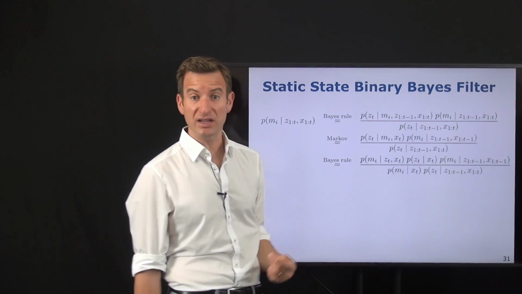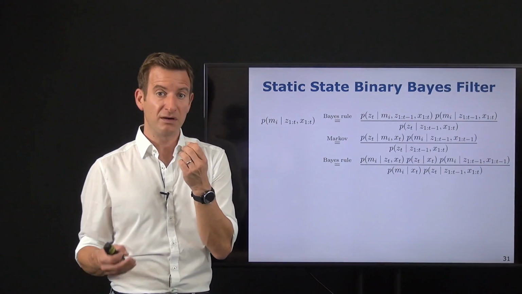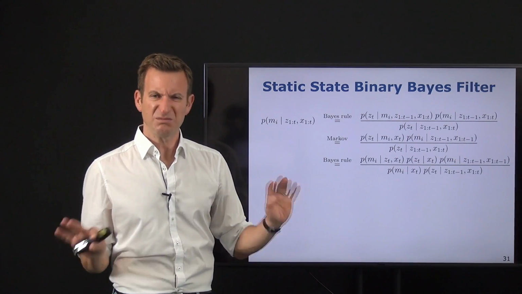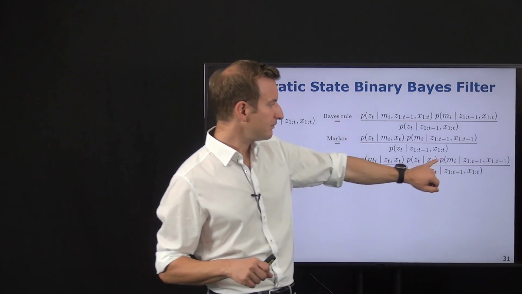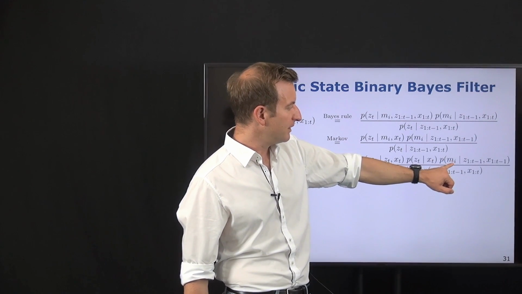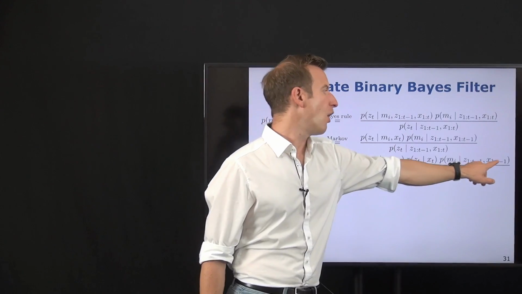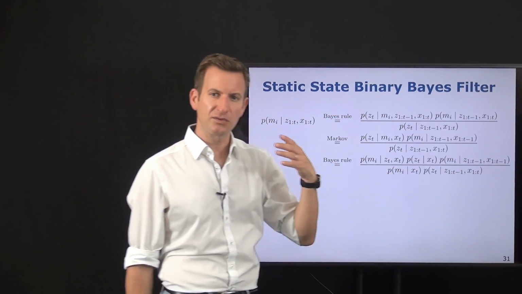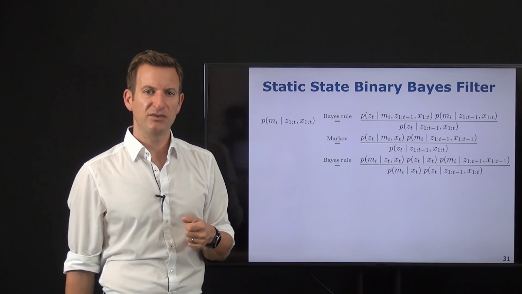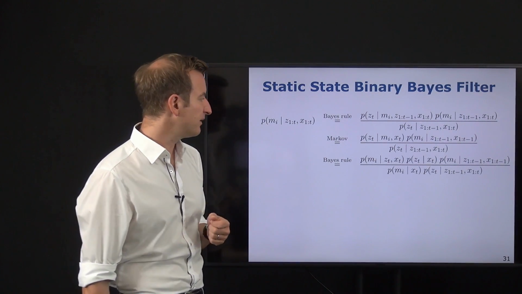That's probably tricky to estimate: what's the probability of observing something, given I know where I am, but I have no idea what the world looks like? And then we have the probability of the cell being occupied or free, given all the old information. So it's very similar to the recursive term that we had seen before in the recursive Bayes filter.